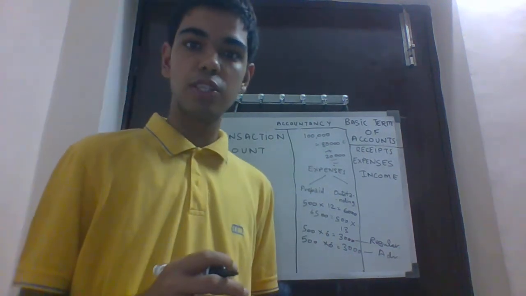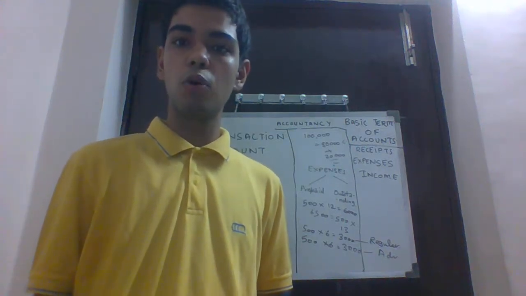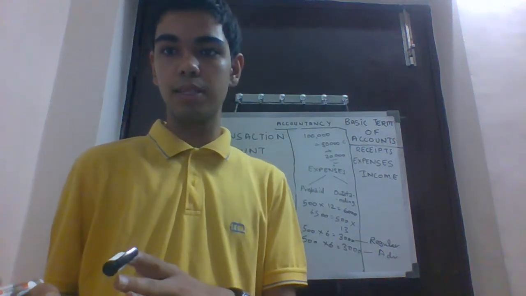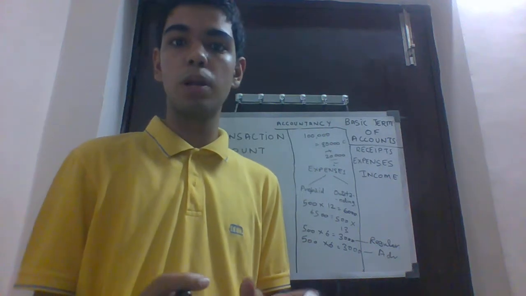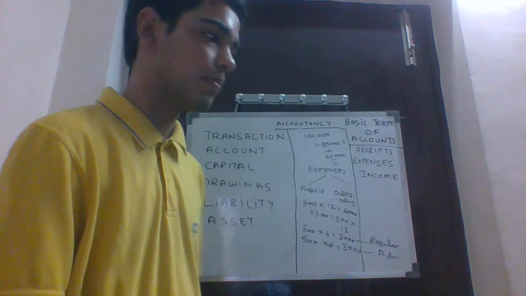The expense which is incurred in advance, or before the next accounting year starts, or the benefit of which will be received in the next accounting year, is known as prepaid expense.